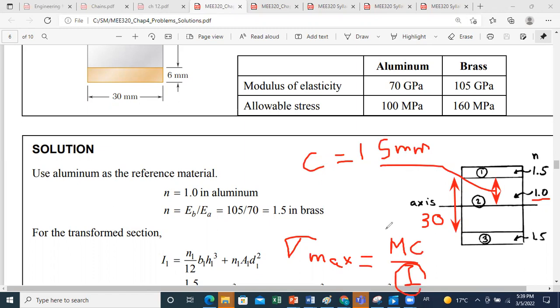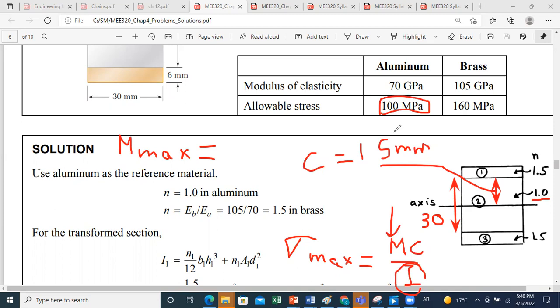And here they gave us the allowable stress. The allowable stress in aluminum is 100 megapascal. And what we need to find is the maximum moment that we can apply. So M maximum for the aluminum part is, now just pay attention to units.